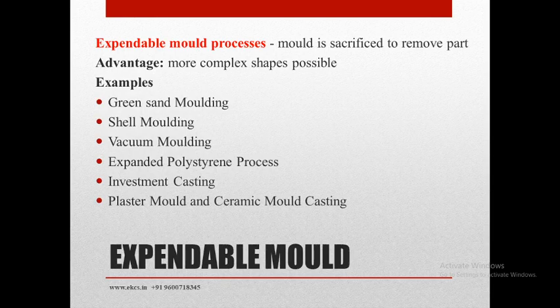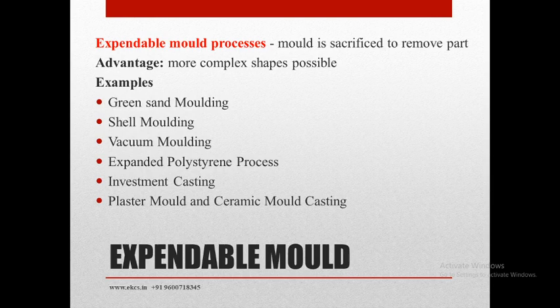There are two types of mold. Mold is where the mold cavity is formed. This mold is of two types: expendable, that is, the mold is sacrificed to remove the part, and the other is the permanent mold process.